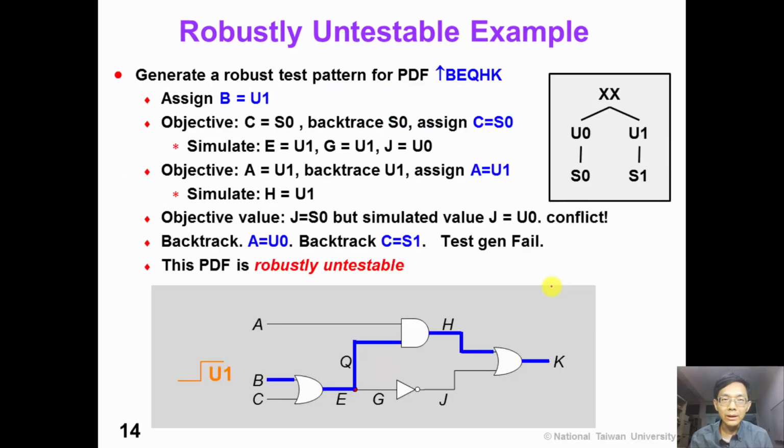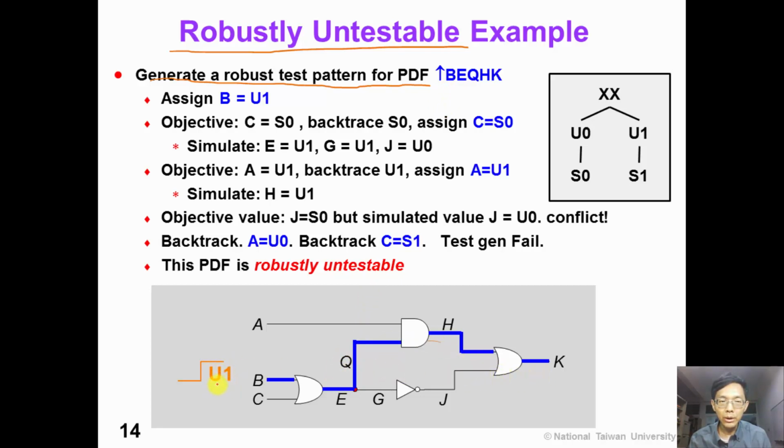But in reality, there are many path delay faults that cannot be robustly tested. Now let's generate a robust test for the path delay fault BEQHK, which is highlighted in blue in the circuit.